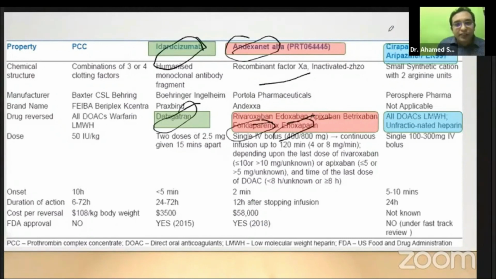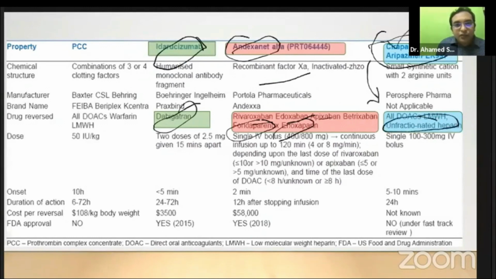And as you know, there is a new agent in the pipeline which I think will get FDA approval soon, and that is ciraparantag. You can consider this a universal reversal agent because it reverses all direct oral anticoagulants, low molecular weight heparin, as well as unfractionated heparin.